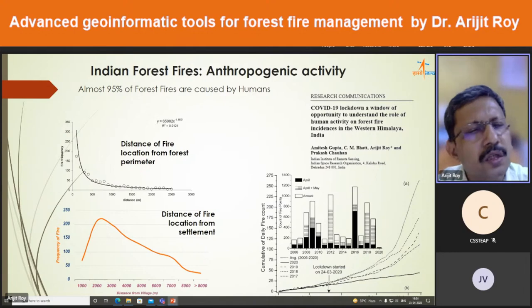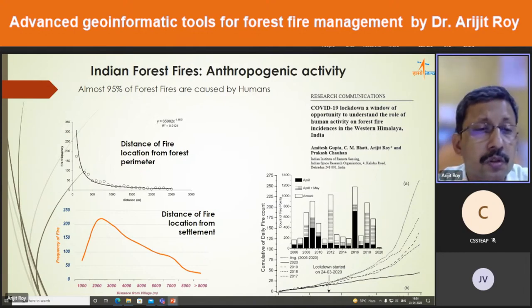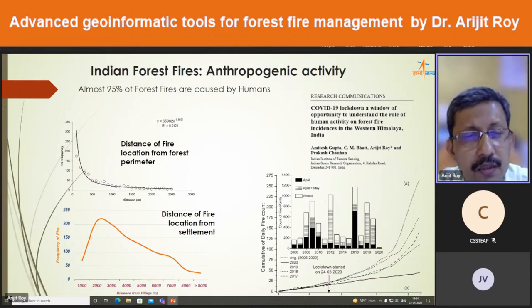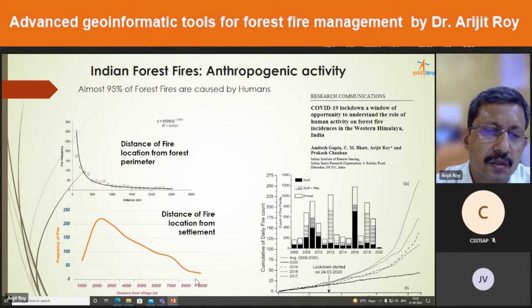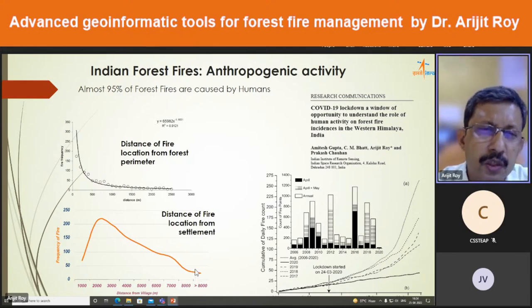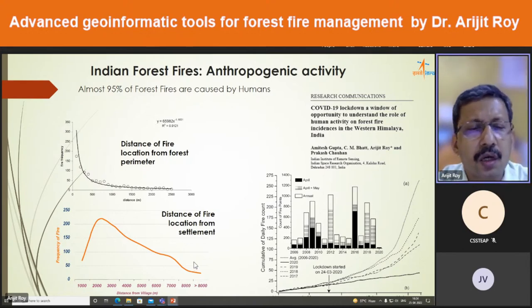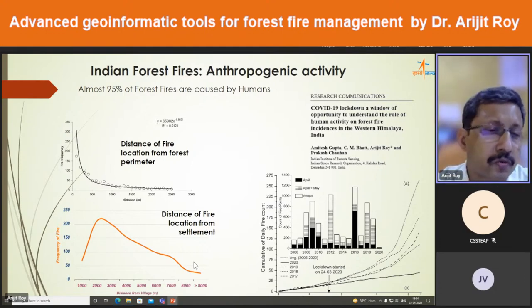And this is the distance the people who collect fuel wood go inside to collect the fuel wood. This proves that anthropogenic factors are the most important cause of forest fire.